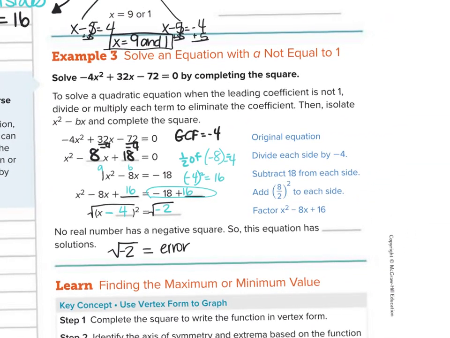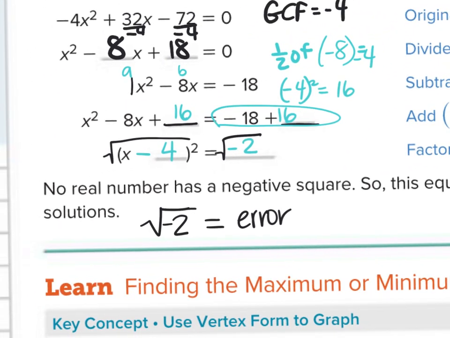So what we would say is it has no solutions. That's the little symbol. You can write no solutions also, either way. So what you notice here, when that right side is a negative number and we take that square root, don't think, oh, I did it wrong, I need to take the negative off.